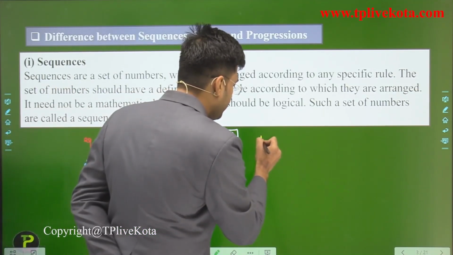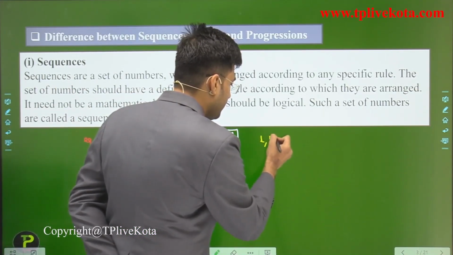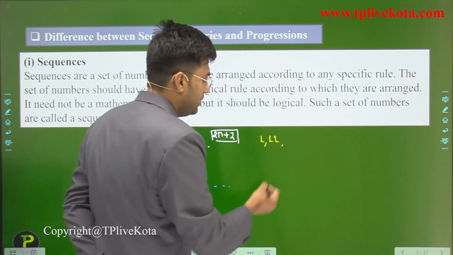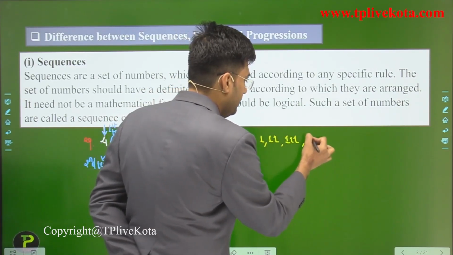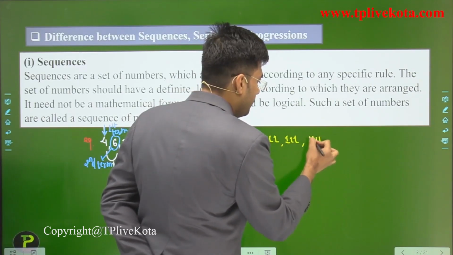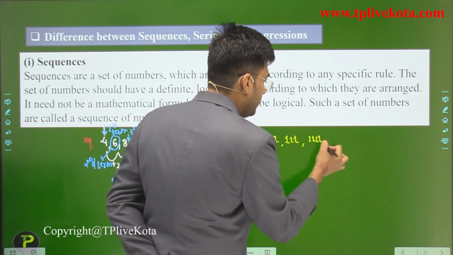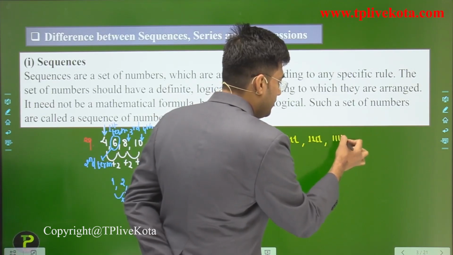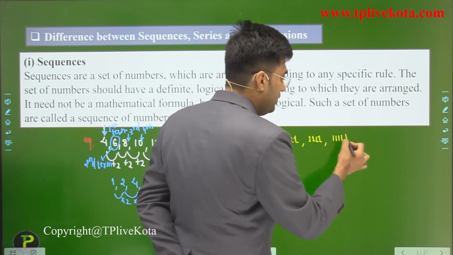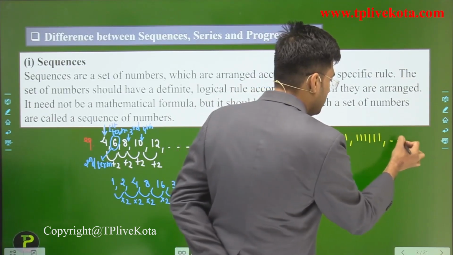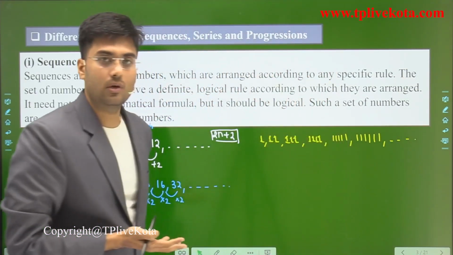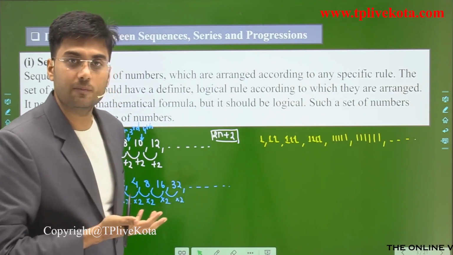Now for example, if I write 1, then 1 1, then 1 1 1, then 1 1 1 1, then 1 1 1 1 1 and so on. This is also a sequence because it follows a specific pattern.